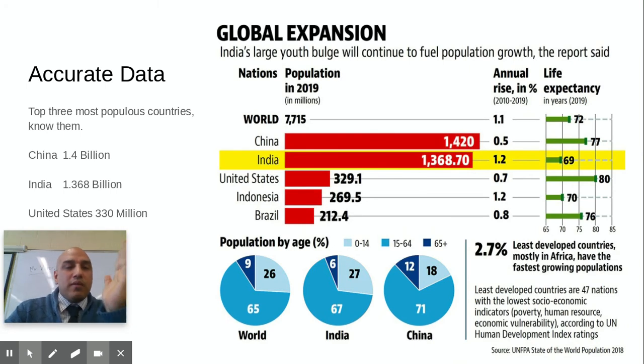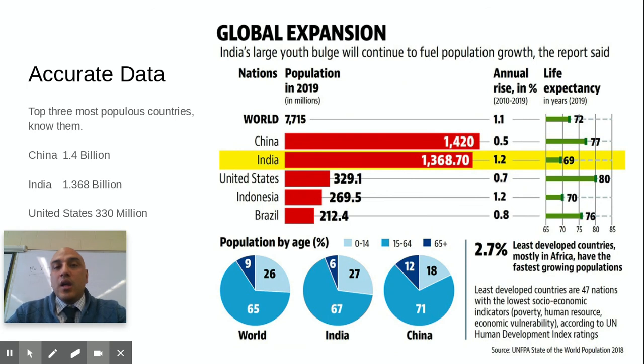So anywhere from 7.5 to 7.8 is a logical answer for what is the total world population. There's never going to be a choice between 7.7 and 7.8 billion. It would be too close, right? It really depends on the particular time. So just have an understanding of what the population is.